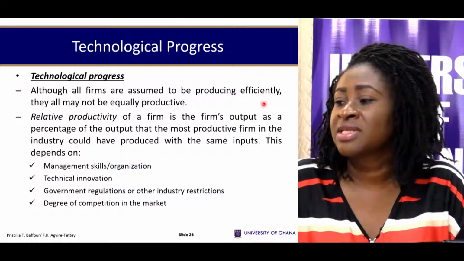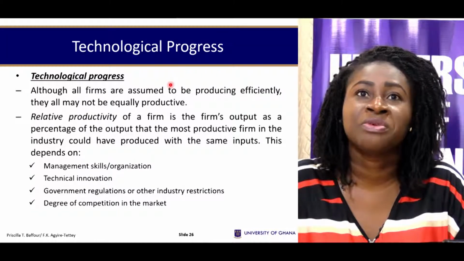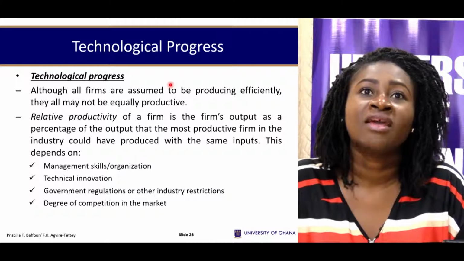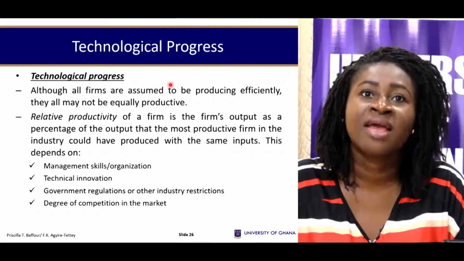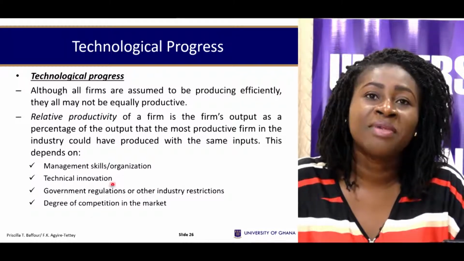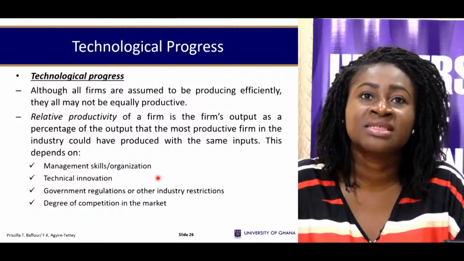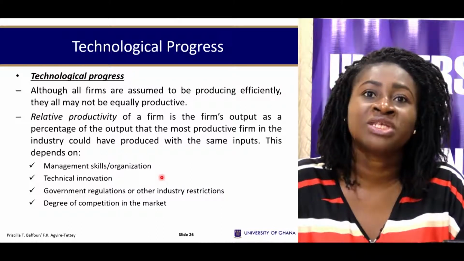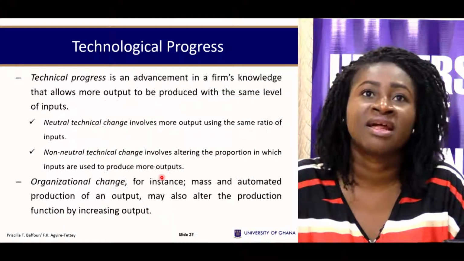Then in terms of technological progress, although firms are assumed to be producing efficiently, they may not all be equally productive, right? Some firms may be innovating in terms of management skills and organization, technical innovation, and all that makes some firms more productive than others.